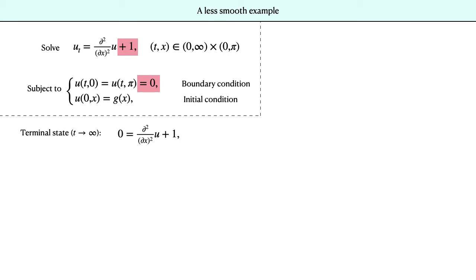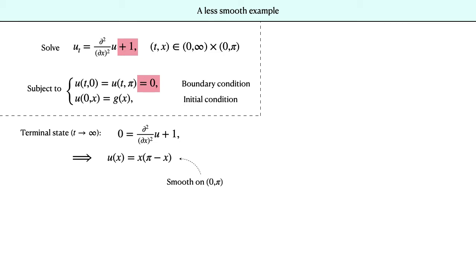This equation reads that the double derivative of u in space must be -1, and so it's a polynomial. In fact, it must be this polynomial because it has to satisfy the boundary conditions.